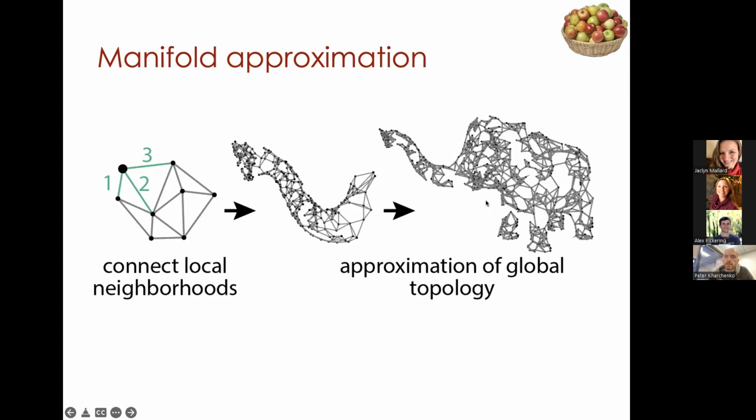The elephant is a topologically complex shape, and it would be difficult to estimate with a sphere or something else. But a nearest neighbor graph like this is actually very good at this, and it effectively gives us a topological approximation. For instance, we could distinguish that for these 2 legs, the shortest way of getting from one leg to another is through the torso, not directly.